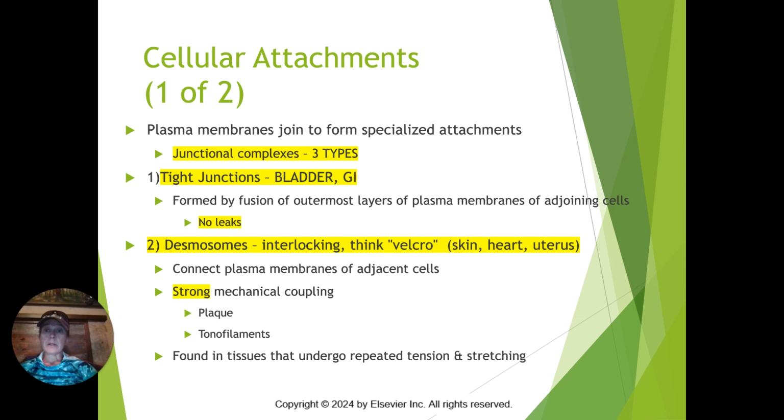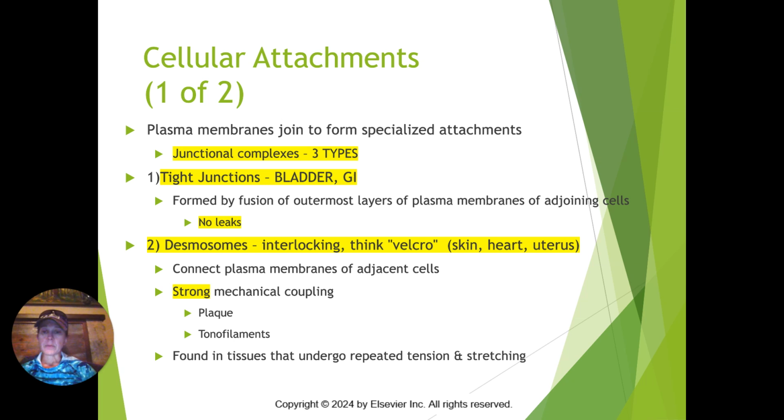The attachments of epithelial tissue, there's 3 big types of what we call junctional complexes. The first is what are called tight junctions, and you find those in tissues where it's really important that there are not any leaks. So the bladder and the GI are good examples of tight junctions within epithelial tissues.